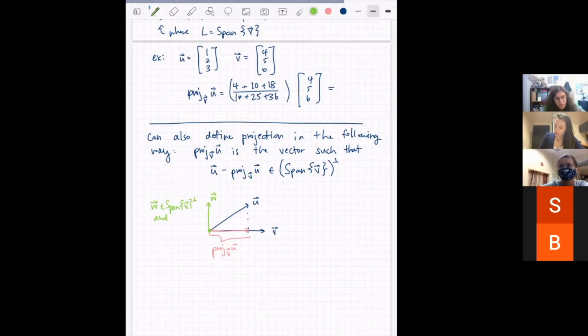Yeah. So U is equal to, you can see that it would be the sum of W and this projection. And so that's where we get U minus the projection is equal to W.